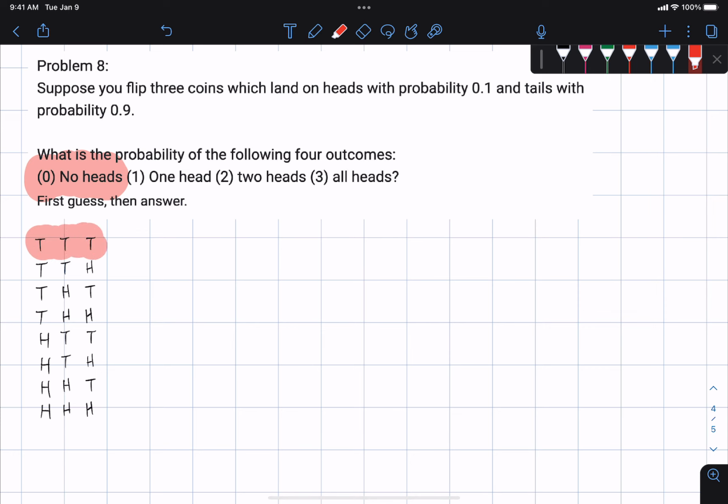That means we get all tails. Well, the probability that our number of heads equals 0, that's what we care about, is going to be equal to the probability we get tails on the first flip is 0.9, and on the second times 0.9, and on the third times 0.9 again. So this will be 0.9 cubed.